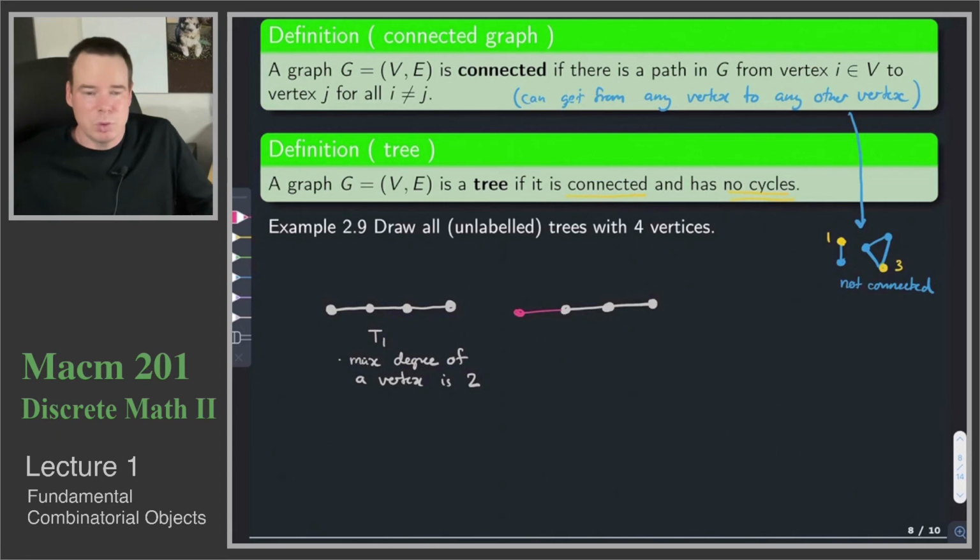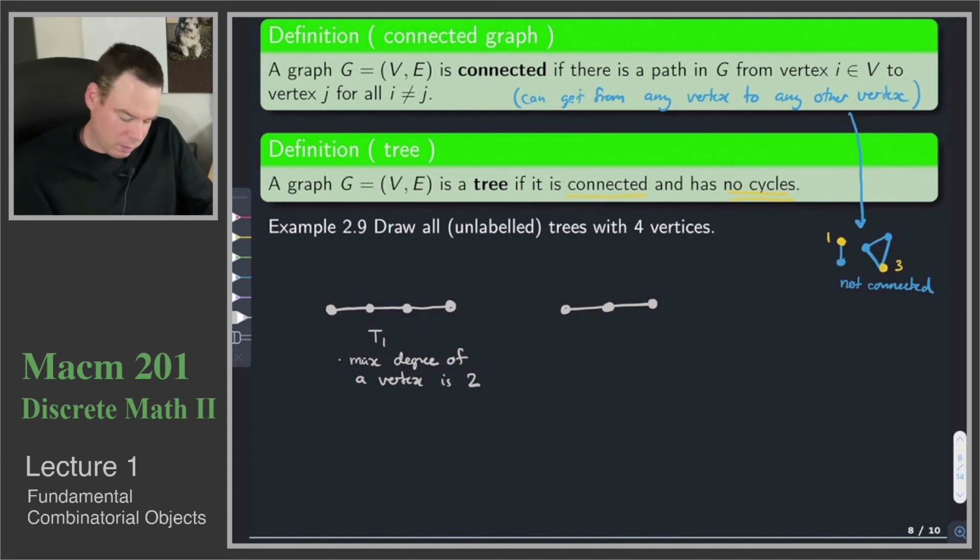So that's the same tree drawn. I didn't label the vertices. I didn't put a 1, 2, 3, 4 here, and then a 1, 2, 3, 4 here, in which case I'd say they're different because one connects to 4 in one diagram but not the other. I'm not interested in that, so I'm not going to label the vertices at all. We just want the underlying structure. So in that context, I wouldn't draw that one because it's the same unlabeled tree.